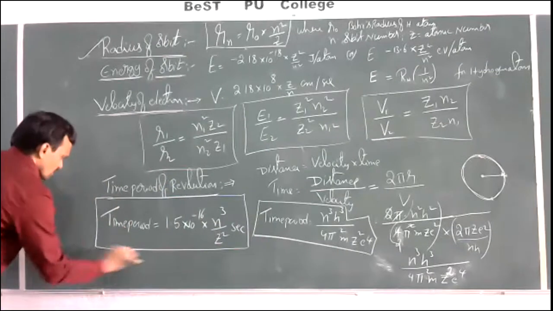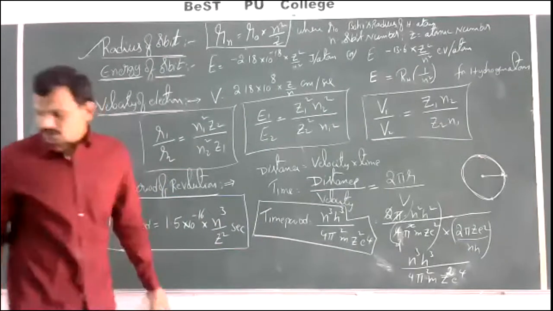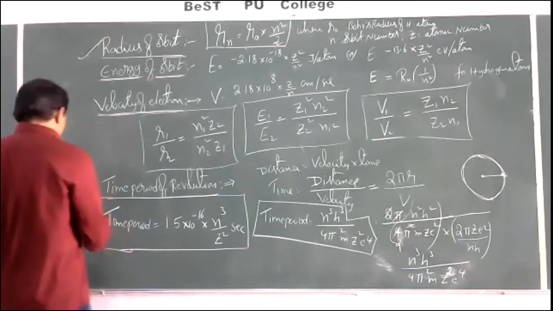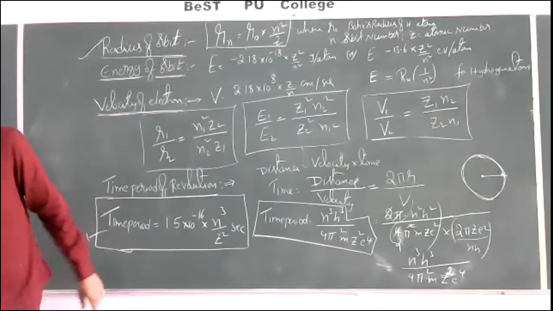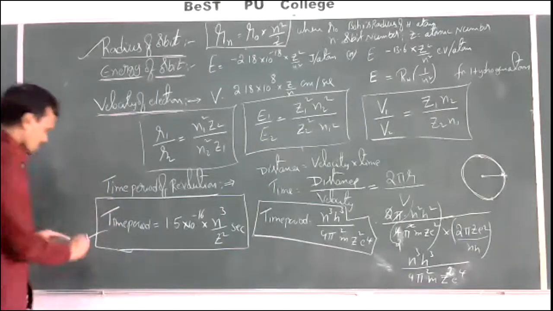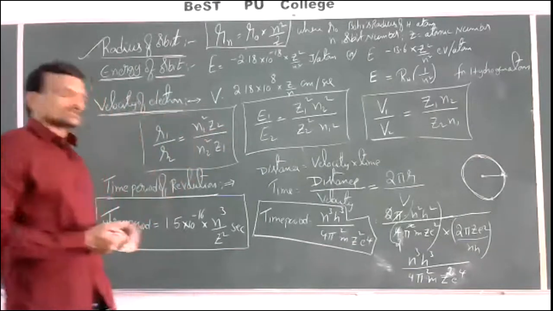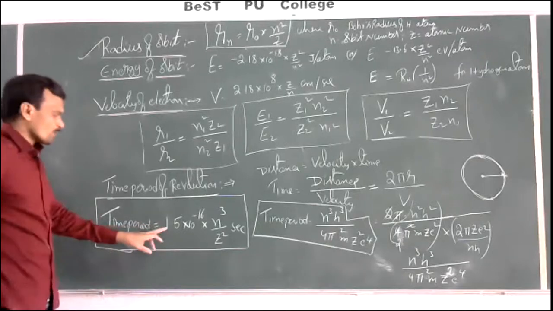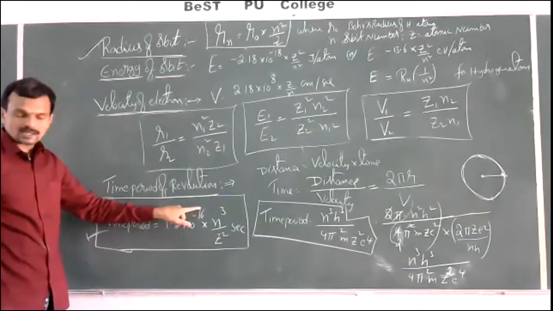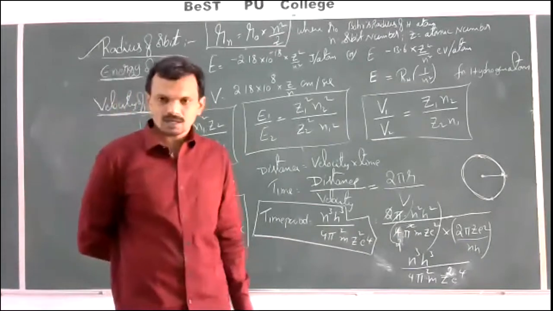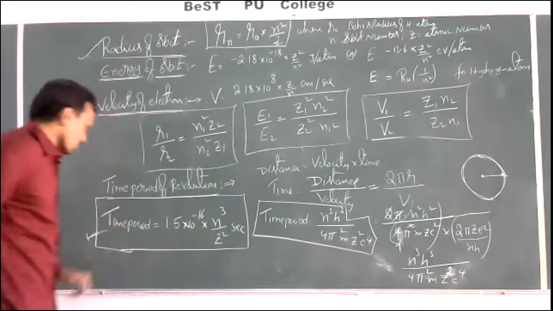This is the value you will get. So this total derivation part is not necessary here. Just remember this formula. That's enough. And that is required only for objective, not even for PUC examination. So the time period of revolution is equal to 1.5 into 10 power minus 16 into n cube by z square.